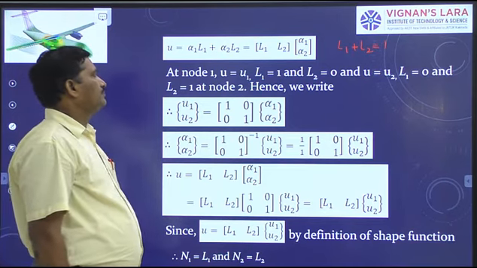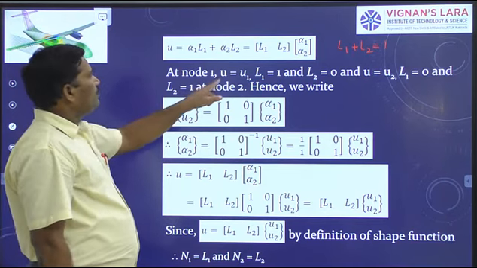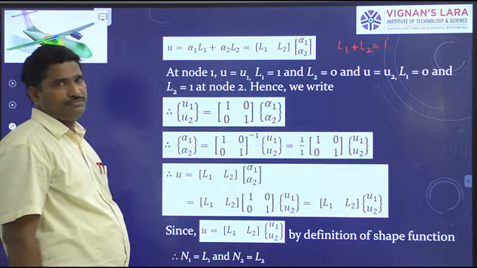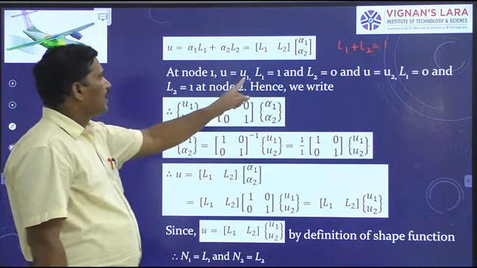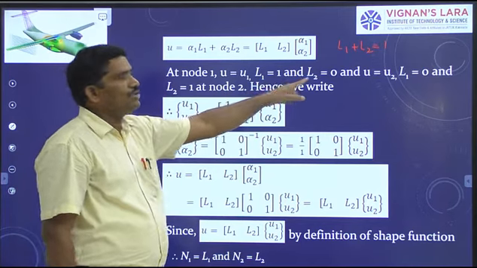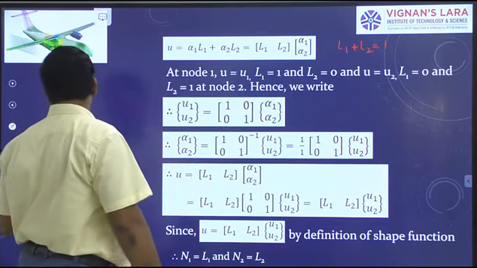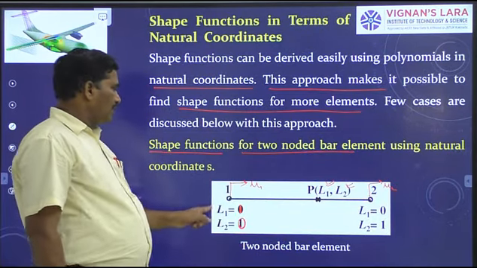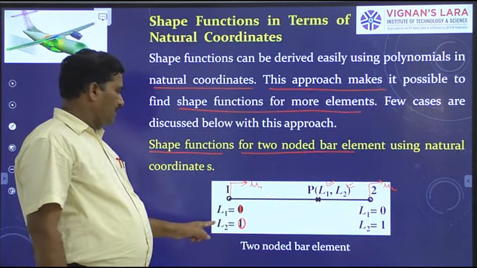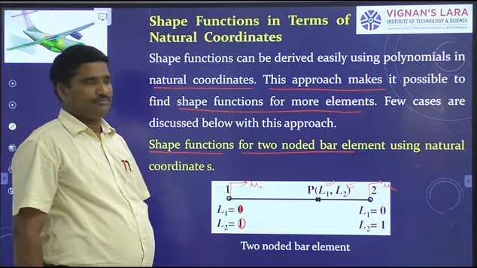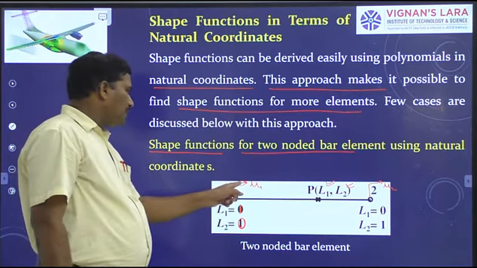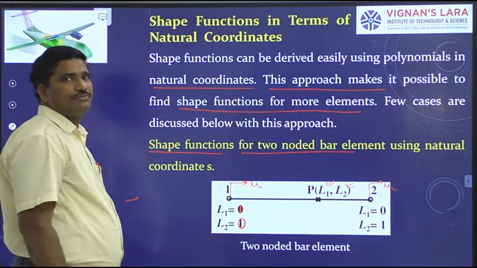Now, at node 1, u equals u1. At the same node, L1 equals 1 and L2 equals 0. That is what we have seen. What is the displacement of node 1? u1.